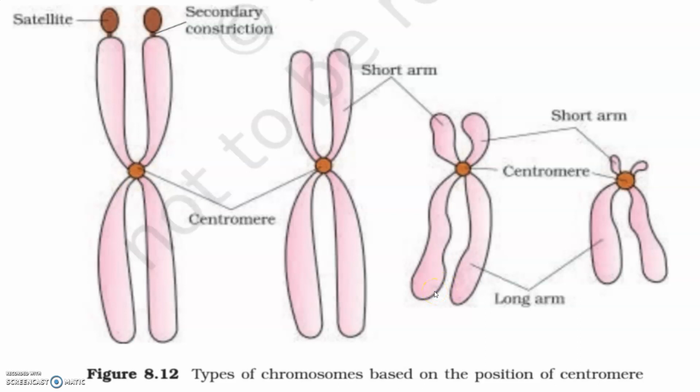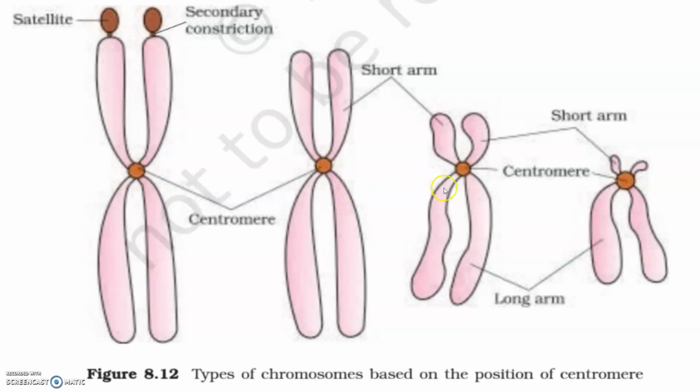The first type is metacentric, which has a middle centromere, like here where the centromere is in the middle. These are called metacentric chromosomes, which have 2 equal arms. A submetacentric chromosome has the centromere slightly away from the middle of the chromosome, resulting in one shorter arm and one longer arm.